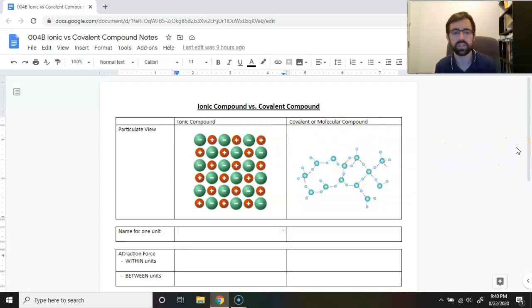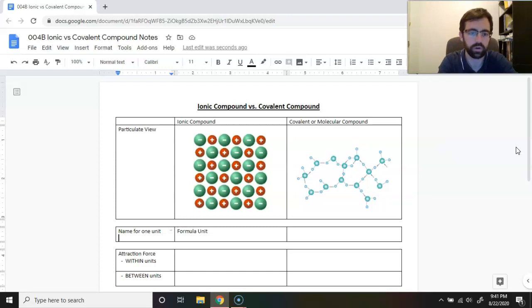So what's the name for one unit of an ionic compound? Well, we would call that a formula unit. That's not a word that we use all the time. Not very frequently used in everyday life, but that's what we call it. One unit or one particle of an ionic compound is called a formula unit.